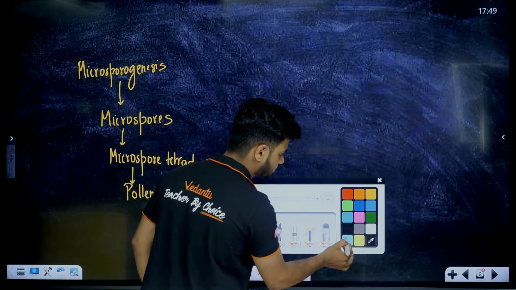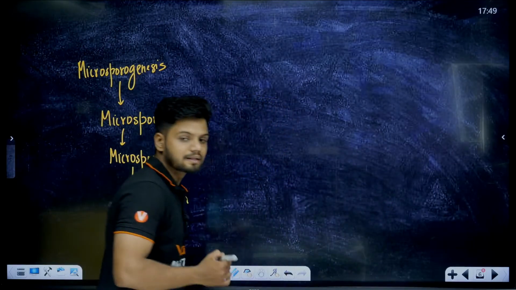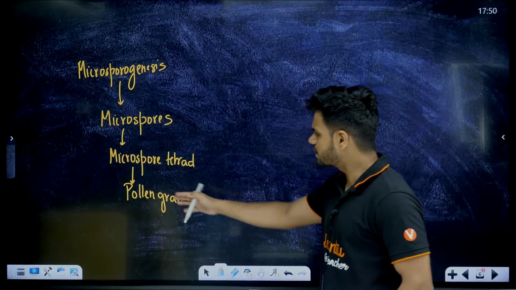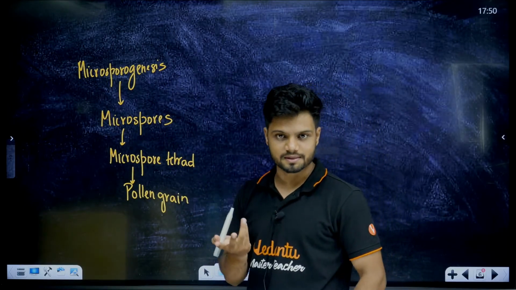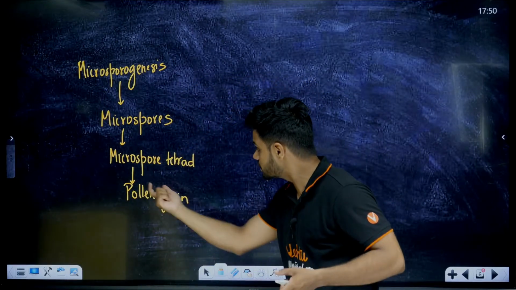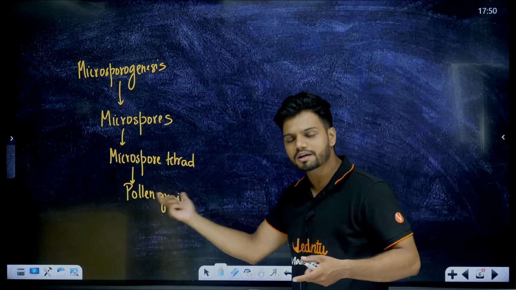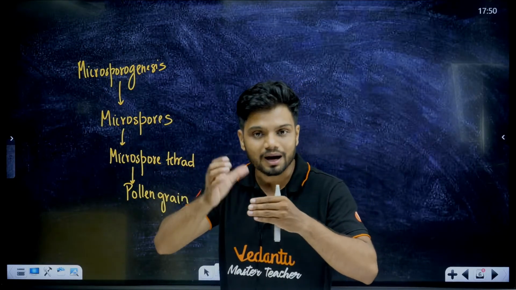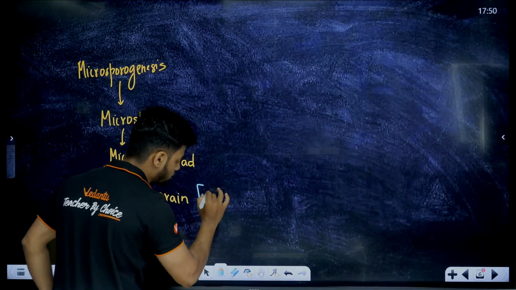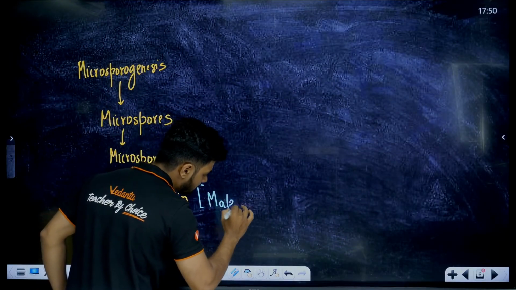In the examination, they can directly ask you, sir, what is the other name of pollen grains? Or they might ask you a question and not mention the pollen grains. So pollen grain has another name. The other name of pollen grain is male gametophyte. It's also called male gametophyte.